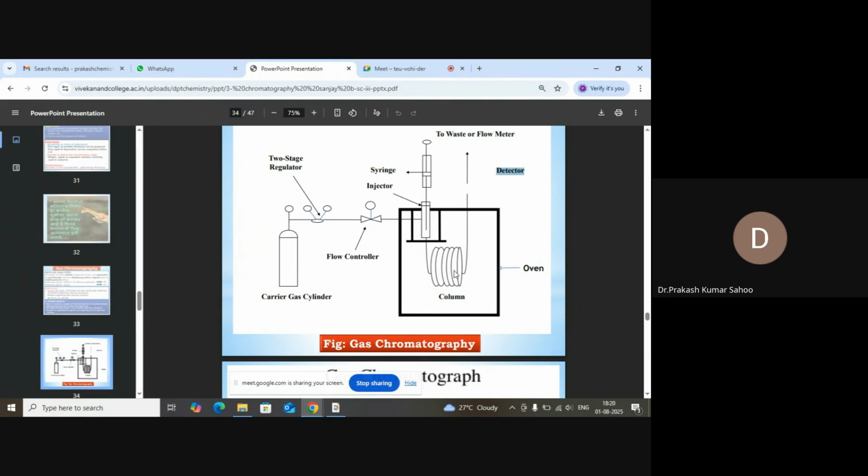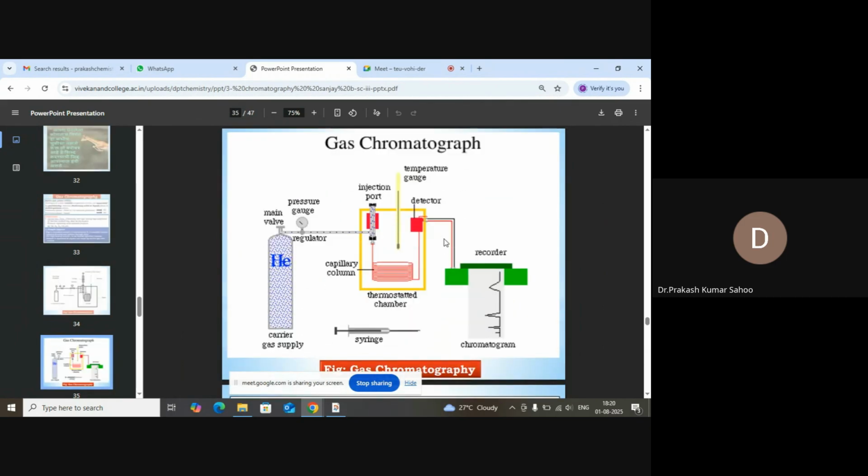So this is the stationary phase we have. If this stationary phase is a solid, this is called gas solid chromatography. If this is a liquid, it is known as gas liquid chromatography. In both chromatography types, the mechanism is a partition mechanism.